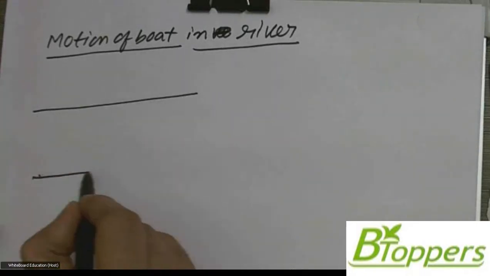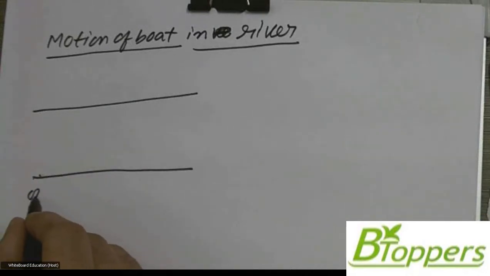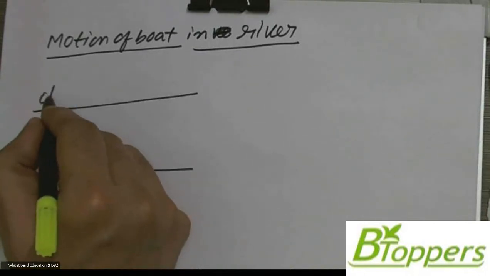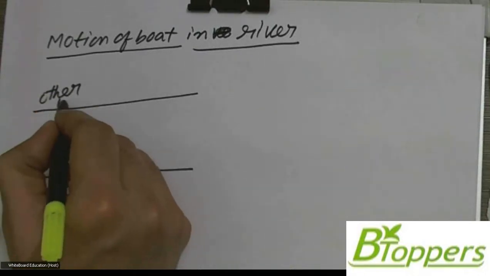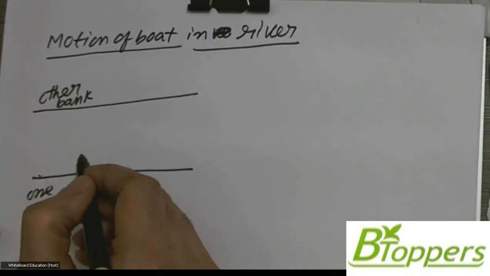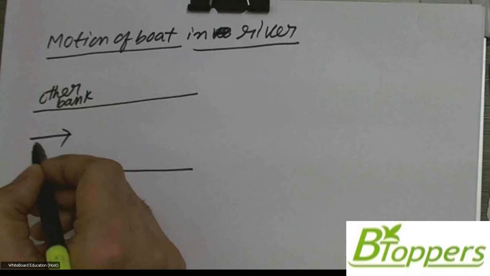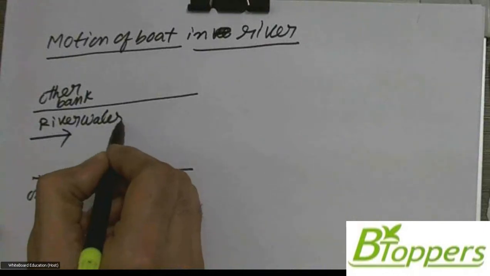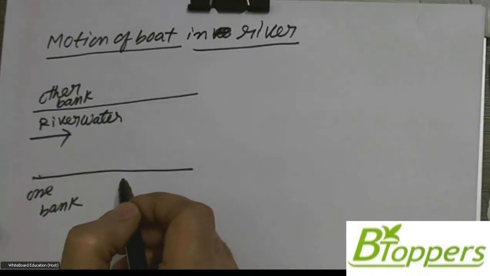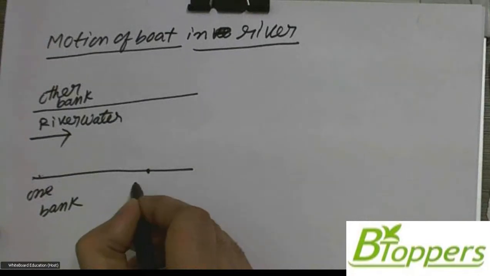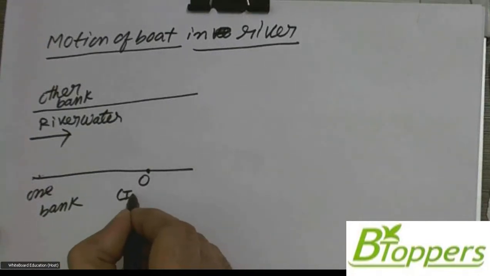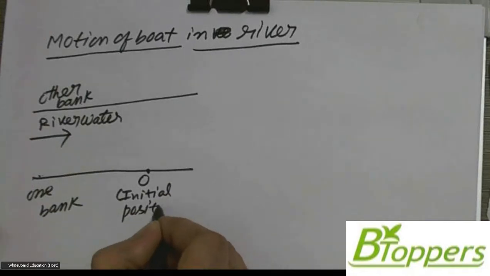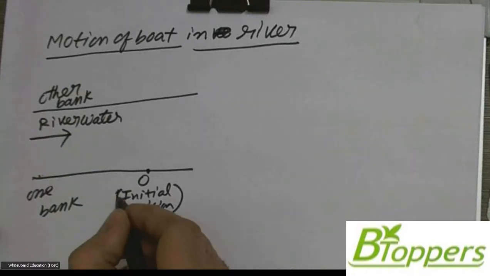So this is the bed of the river. This is one bank of the river. This is the other bank of the river. And this is the direction of the flow of river water. Let O be the initial position of the boat on one bank of the river.